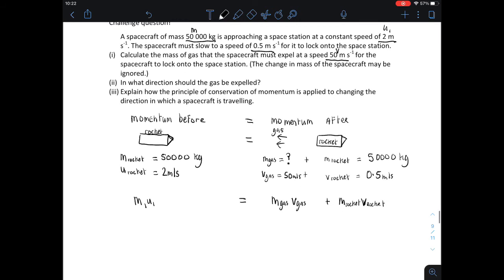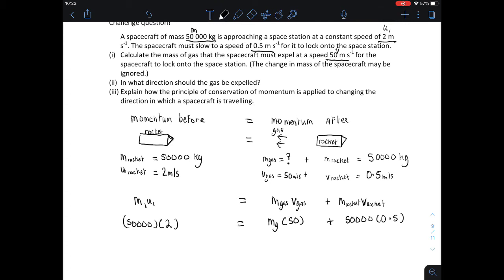Once we have our equation written out, we just need to substitute in our values for our letters. This gives us 50,000 times 2 equals the mass of the gas, which we don't know, so we'll keep that as m for mass and g for gas, times 50 plus 50,000 times 0.5.